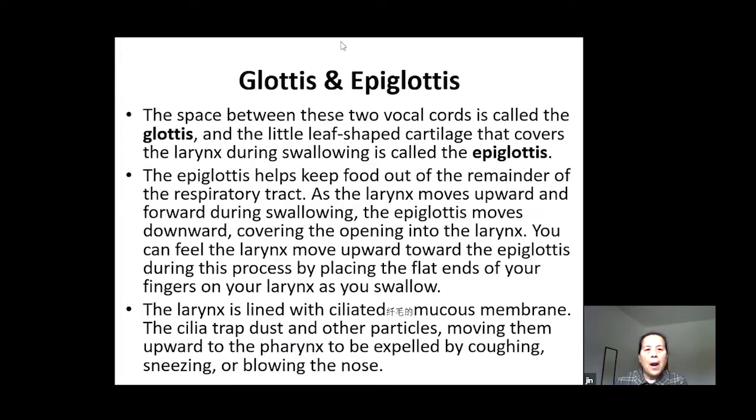That's the larynx part. Certainly inside the larynx there are still pretty tiny hairs.